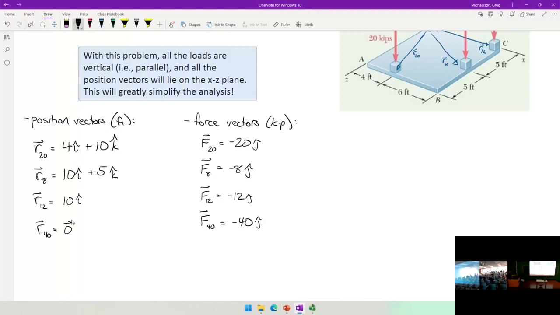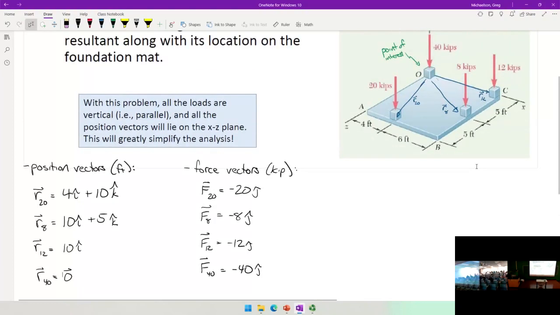Let's go back to the original schematic. The 40 kip load goes directly through the origin, through point naught, right? When we originally started the concept of moments, we said that moments are addressing a problem with static equilibrium that forces can't handle on their own, and that is that moments represent an action on a body that increases its tendency to rotate.